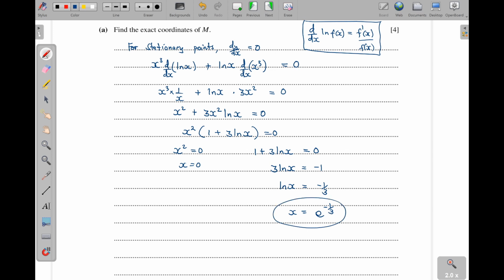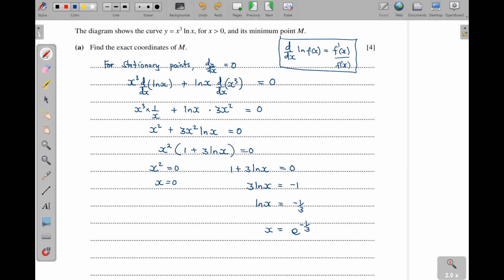Now, after getting x as this one here, what is going to be the value of y? Substitute in this equation here. So our y is going to be equal to x cubed.